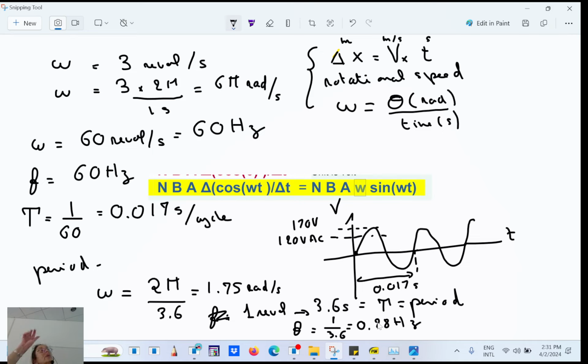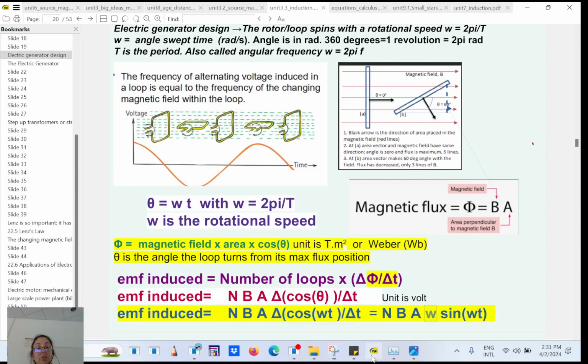The frequency is how many revolutions per second. The period is how long for one revolution. Is that clear?